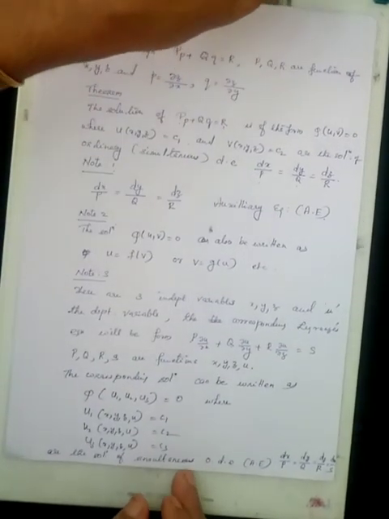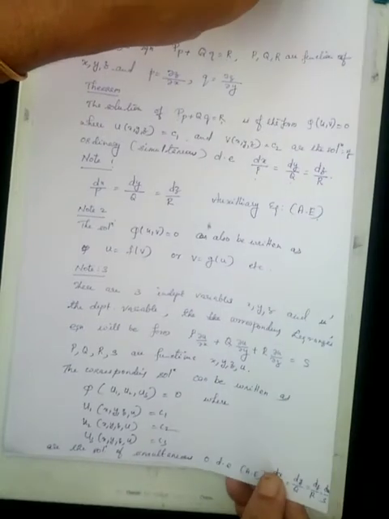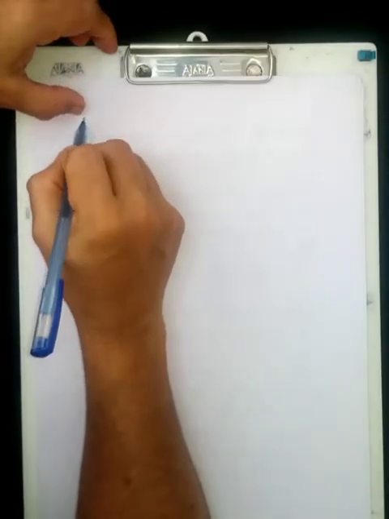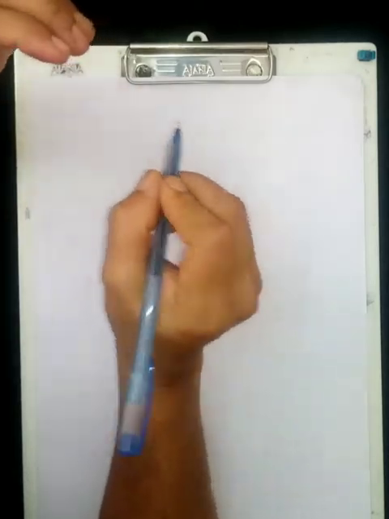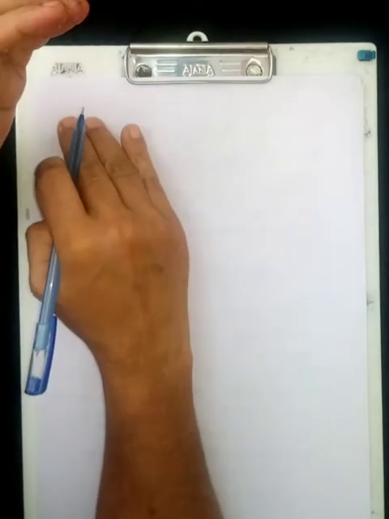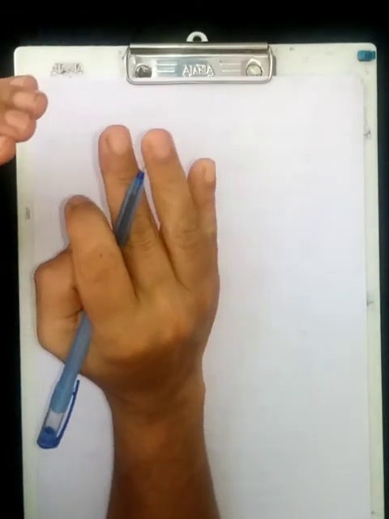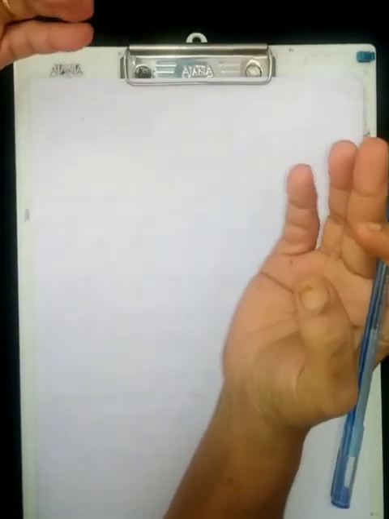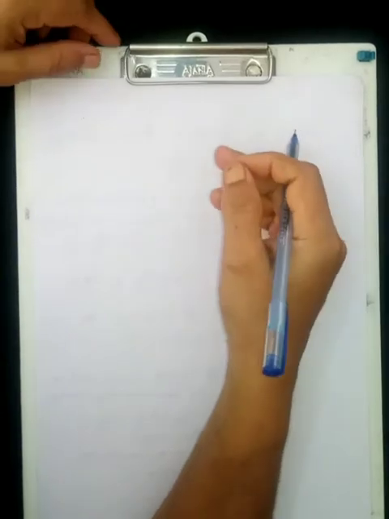Now we are going to discuss the method of finding the solution of the auxiliary equation. So in order to solve a Lagrange's equation, it is connected to the point of how we can solve the auxiliary equation.